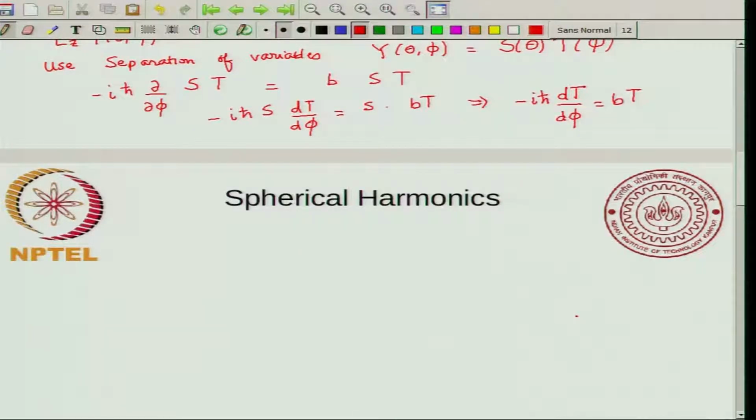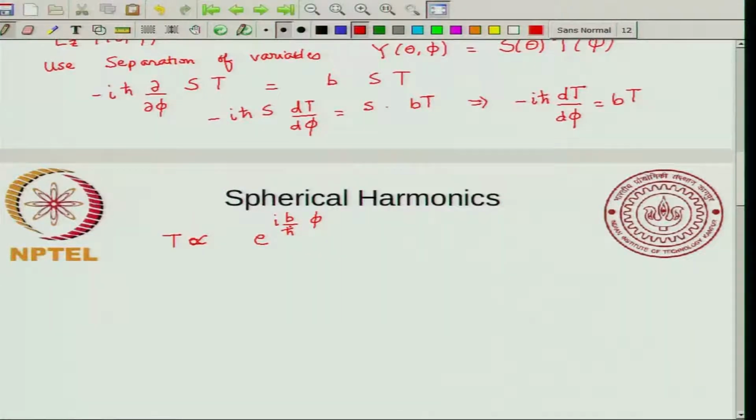Now, you can solve this, and you can show that T is proportional to e to the i b phi by h bar. So, if you take the exponential, you have b divided by i h bar, so that is i b divided by h bar.